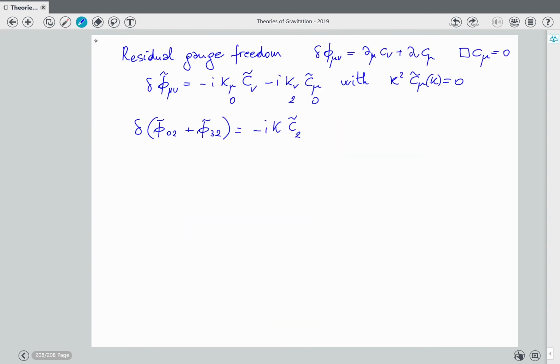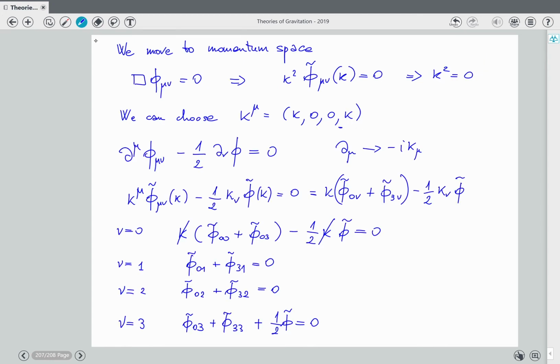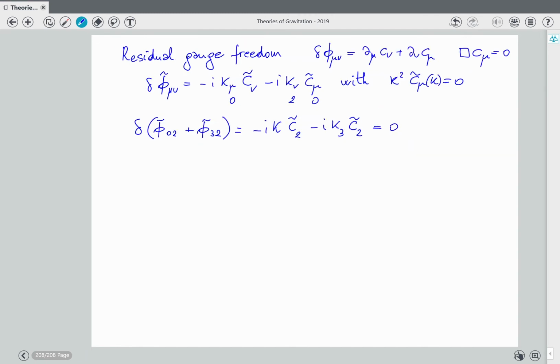And then there is plus variation of phi tilde 3, 2, which is minus I k3 c tilde 2 minus I k2 c tilde 3, but there is no k2, and k3 with a lower index is minus k. So that is correctly 0. We don't need to do anything else because we are using already a function c tilde of the same k. And the other condition is already incorporated there.